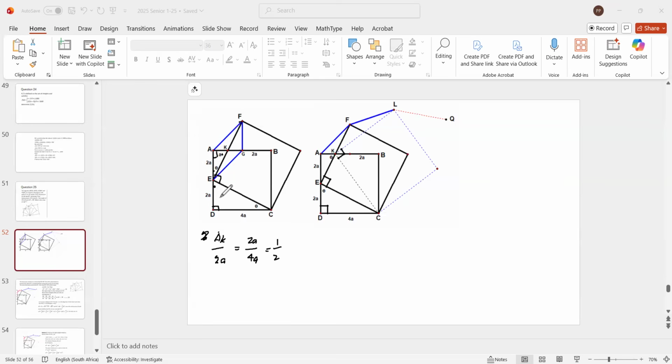Right. Now, you'll see I've drawn some other lines here. I'm going to remove this calculation. I'll come to the situation where AK is A. Now, I've created a new point G, which is the midpoint of AB. See, I've got 4A here. So G, this part here will be 2A.